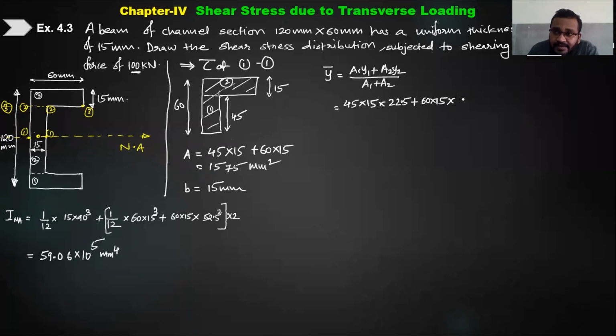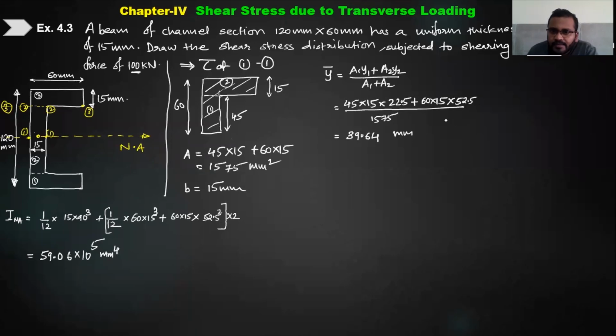It is 45 plus 7.5, 52.5. Yes, very good. 52.5 and divide by the whole a1 plus a2, which we know will be 1575. How much is this? 39.64. Okay, correct, everyone got this.